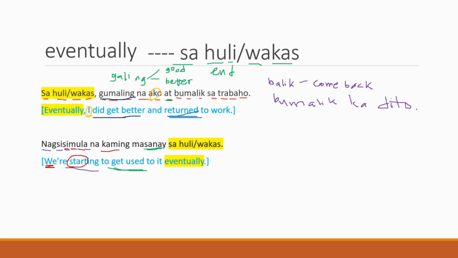And it also means get used. And sa huli or sa wakas is for eventually. Again, nagsisimula na kaming masanay sa huli. So, that's for eventually. Sa huli, sa wakas.